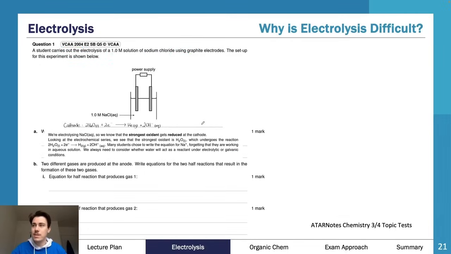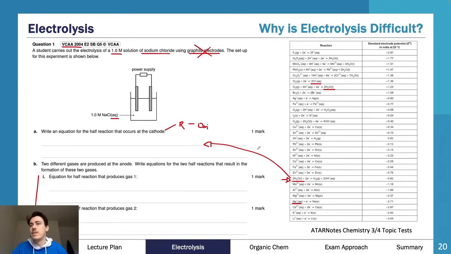And as you can see, that's literally what I have done. So I have literally grabbed this and written this down here. As it says, we're electrolyzing NaCl with the strongest oxidant getting reduced. So really important here is that in this scenario, the strongest oxidant is H2O. So that is my first step.